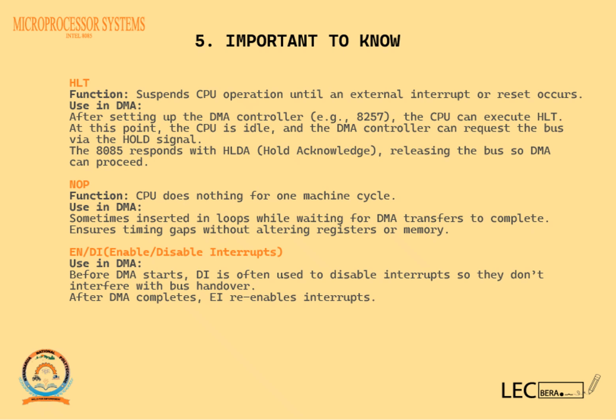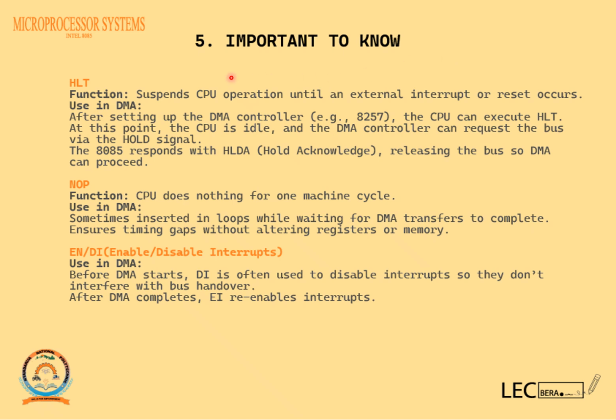It's very important for you to know that we have some instructions which are normally executed by the microprocessor to allow DMA to function. The first instruction which will always be executed by the microprocessor is the HALT instruction. This HALT instruction suspends the CPU operation until an external interrupt or reset occurs.